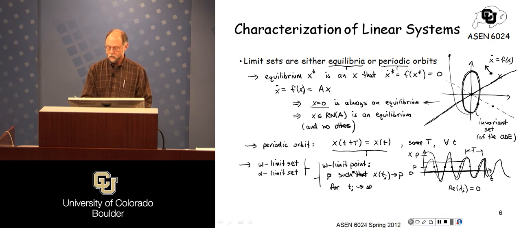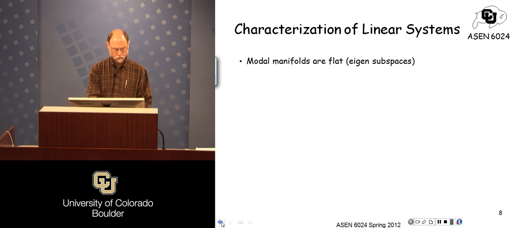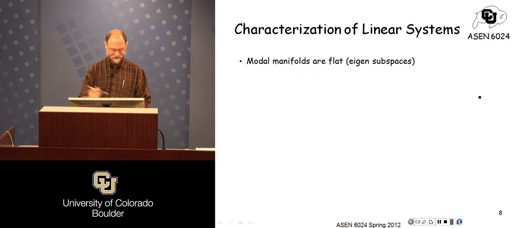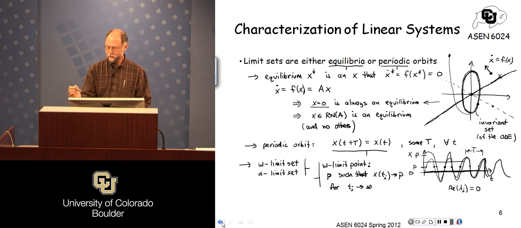So the thing about the omega limit set is it allows us to identify where we end up without having to identify that final solution.